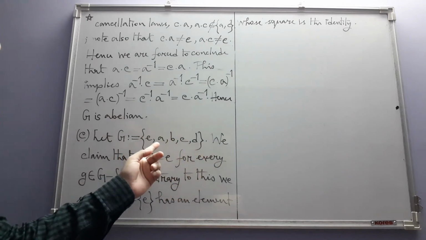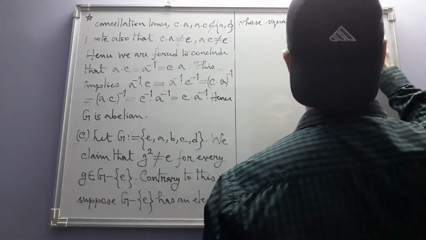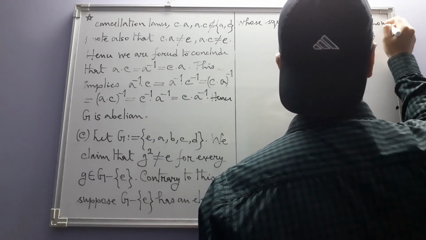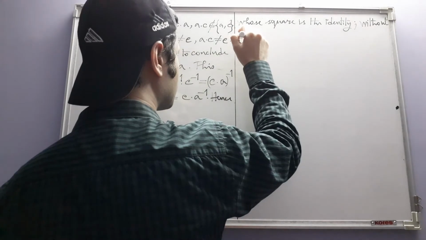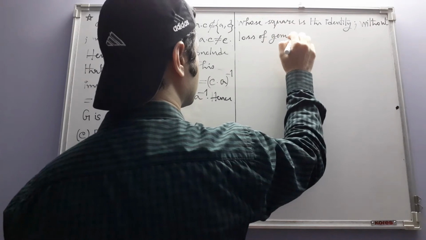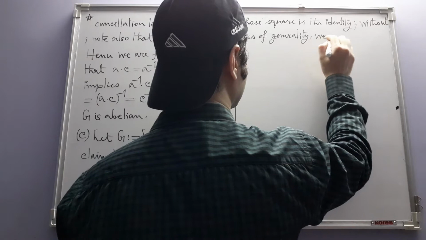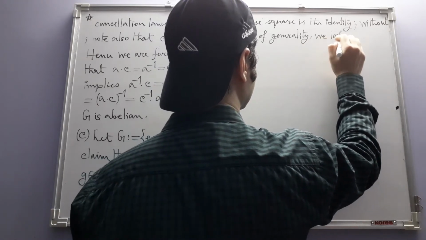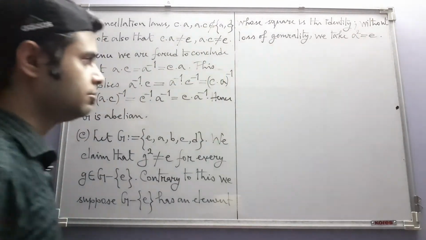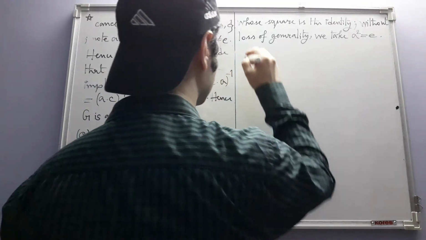So without loss of generality, we take that to be A. You can take anything, but let's just take A. Without loss of generality, we take A square to be equal to E. A is a non-identity element whose square is E.